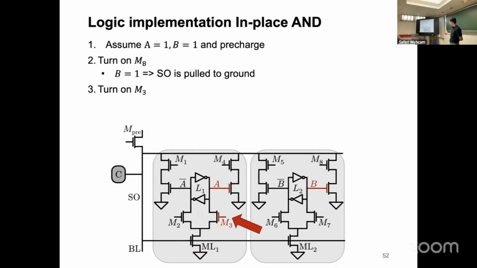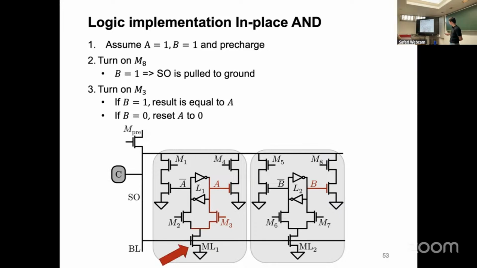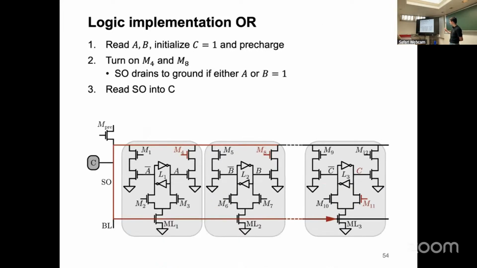However, since B is already equal to 1, the result is equal to A. So yeah, we can also do it for OR, where the idea is essentially the same. However, we turn on some other transistors.